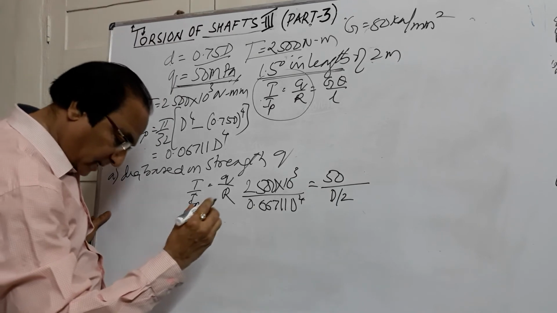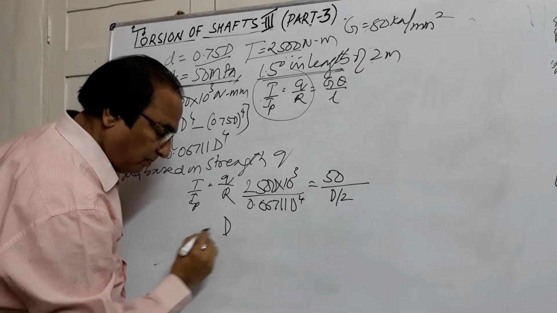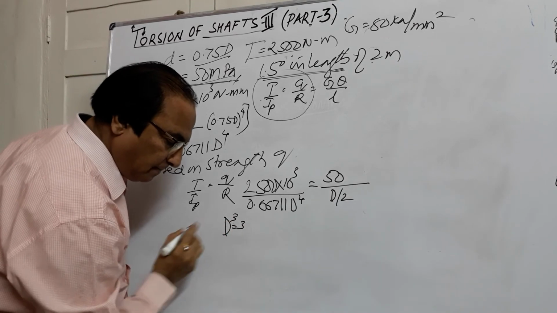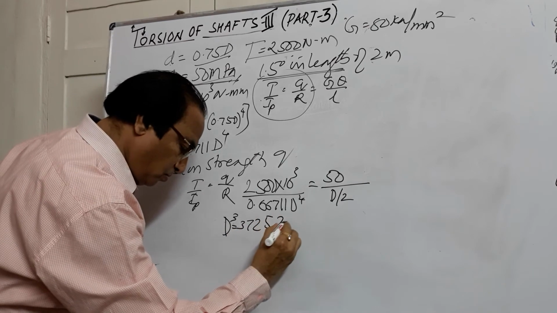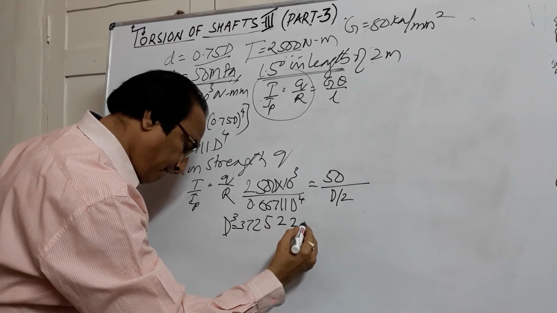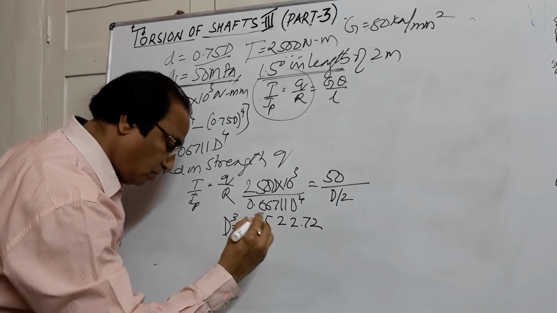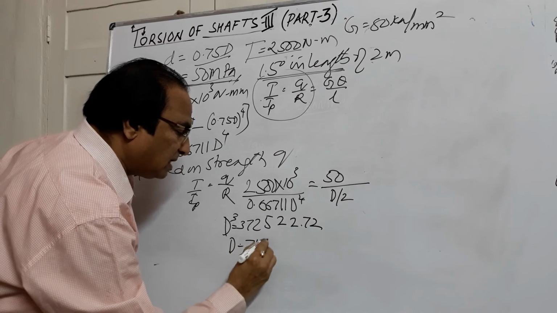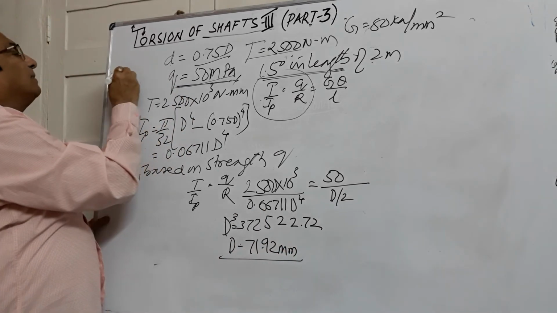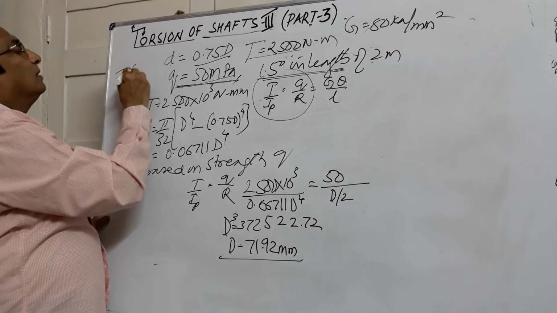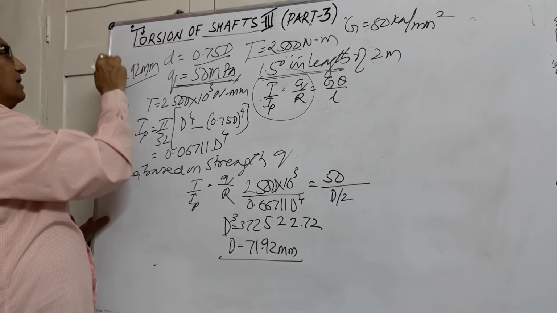If you simplify this, you get D cube equal to 372522.72. So D will be equal to 71.92 mm. So this is the external diameter you need when you consider the strength.